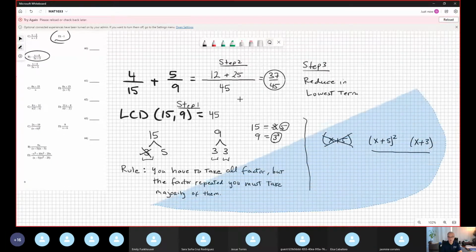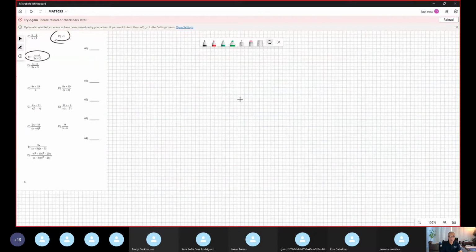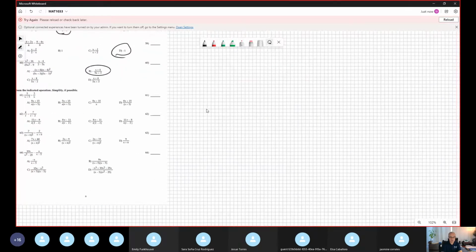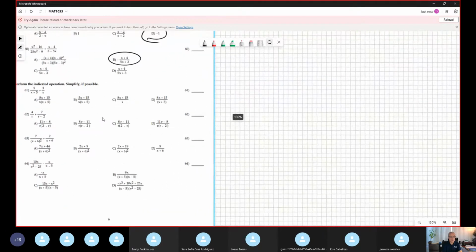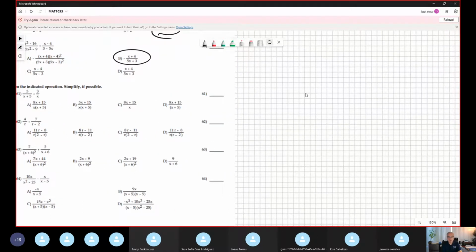But in this case, I want to complicate your life a little bit because we are working not with numerical examples but algebraic expressions, but it's the same. Look, let me show you. Example 61: we have two fractions, 5 over x plus 5, plus 3 over x.